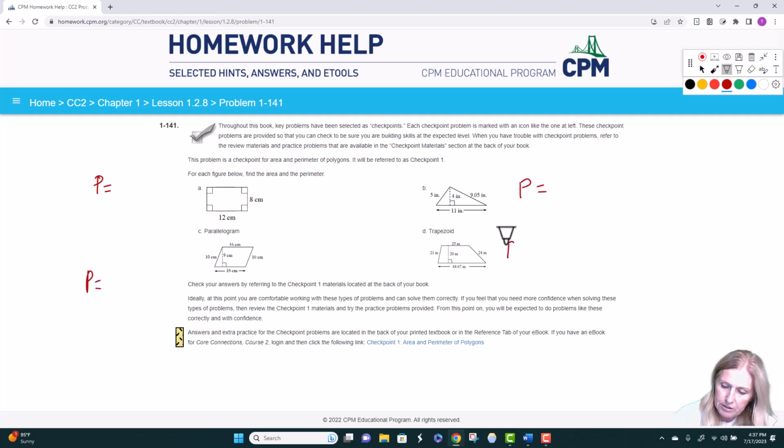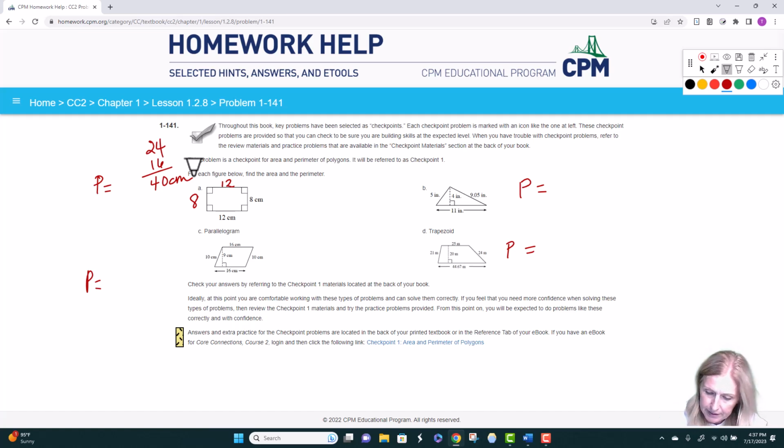Remember, perimeter is just finding the outside perimeter, adding up all the sides, the outside measurement. So all you need to do is double the 12, it's 24, double the 8, it's 16, and then add them up and it's 40, and that is centimeters.